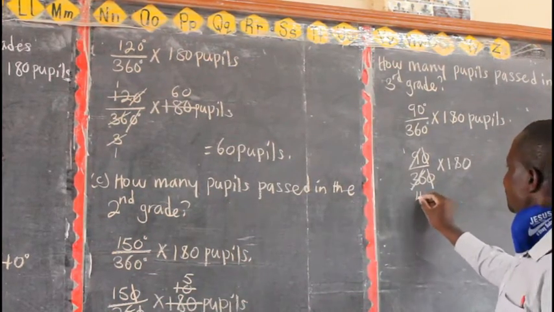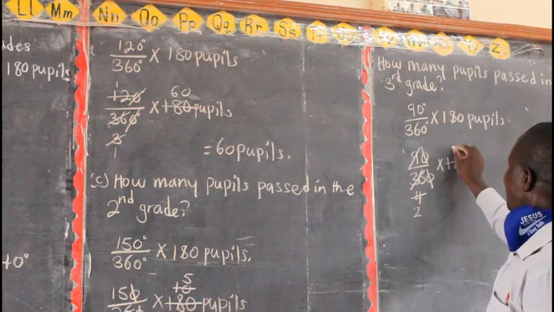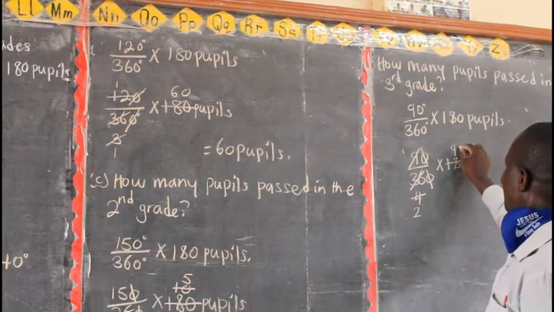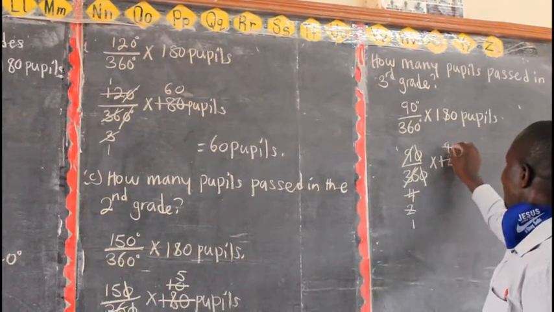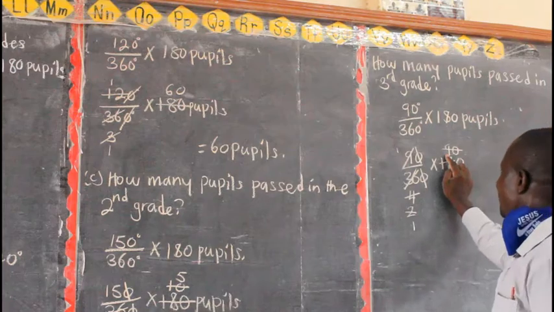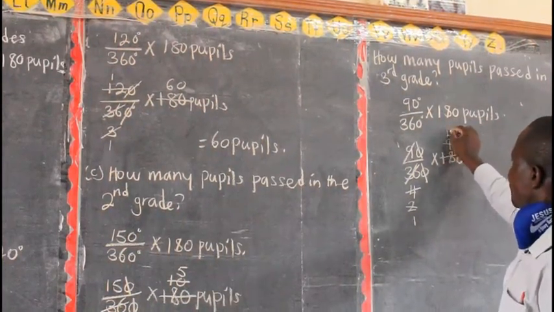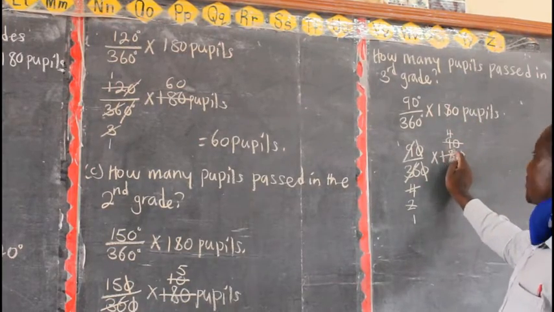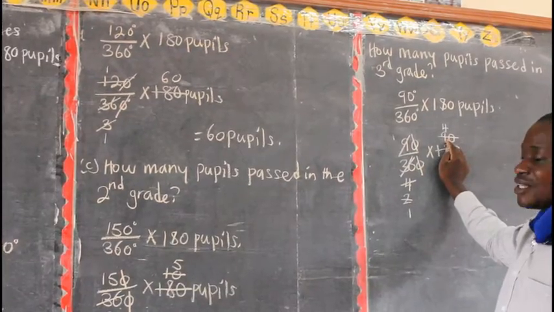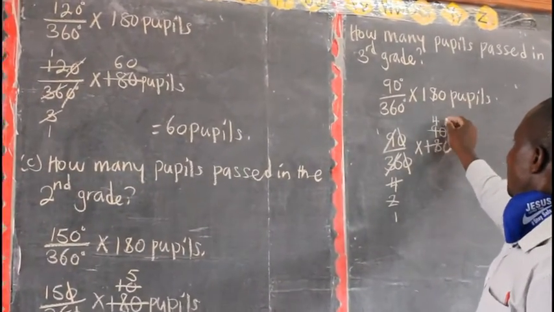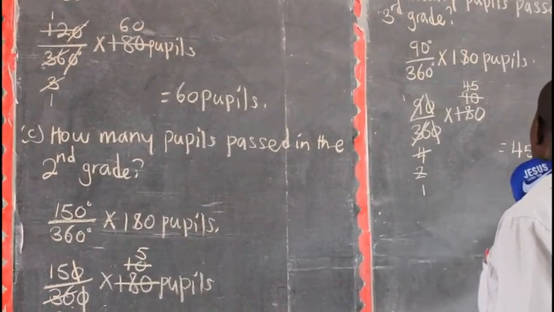Then here we can say 4 divided by 2 is 2. 18 divided by 2 is 9. 0 divided by 2 is 0. 2 divided by 2 is 1. Here 9 divided by 2, you get 4, then the remainder is 1. The remainder we put here, so it becomes 10. 10 divided by 2, you get 5. 5 pupils.